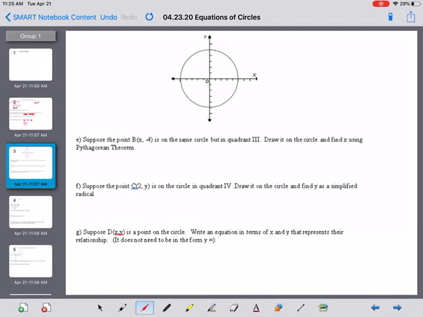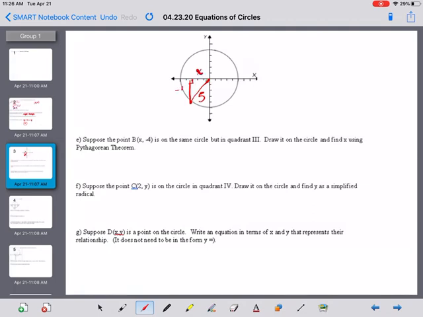Suppose the point B is located at (x, -4) but is in quadrant 3. Draw it on the circle and find x using the Pythagorean theorem. Again, the hypotenuse is 5.